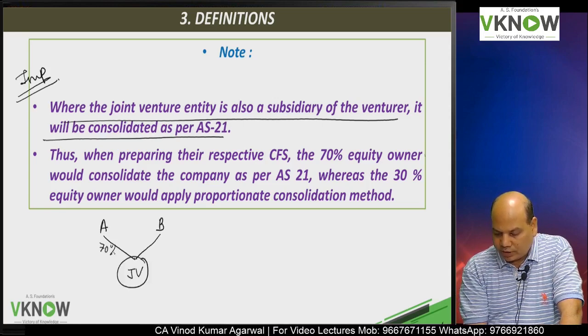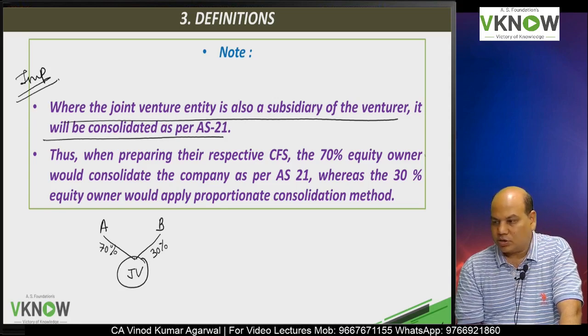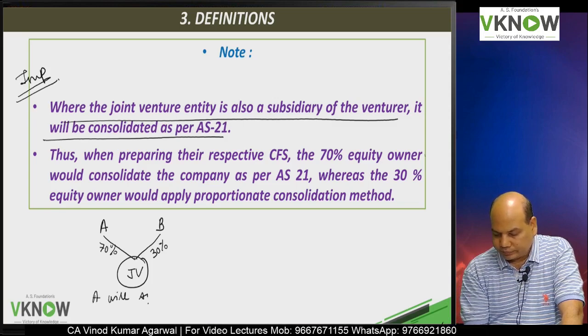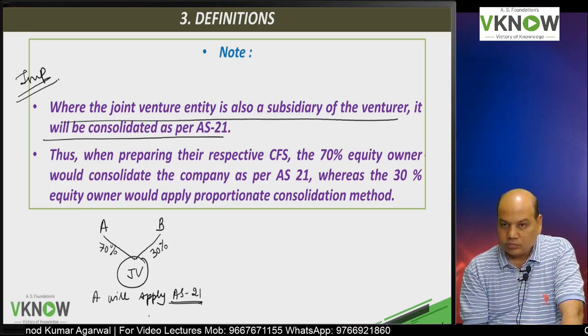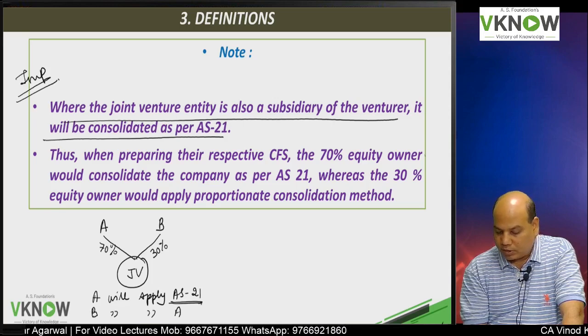A is holding 70% share, B is holding 30% share. A will apply accounting standard 21, B will apply accounting standard 27.